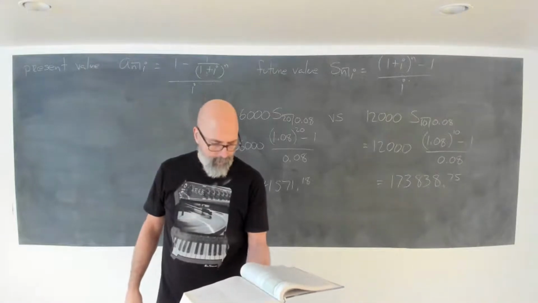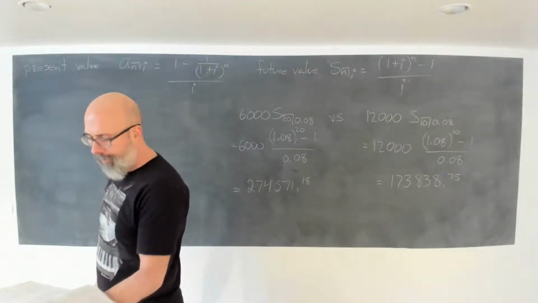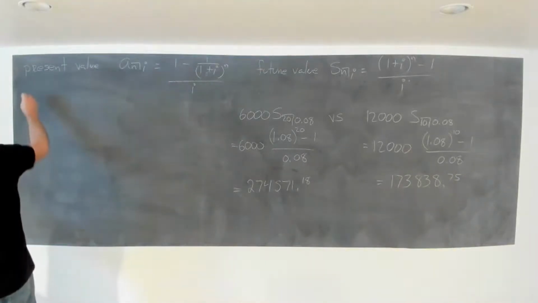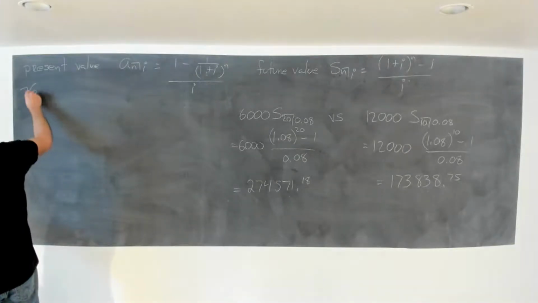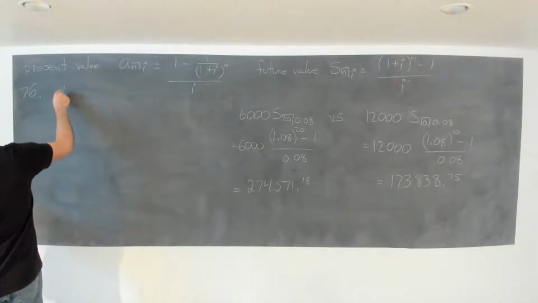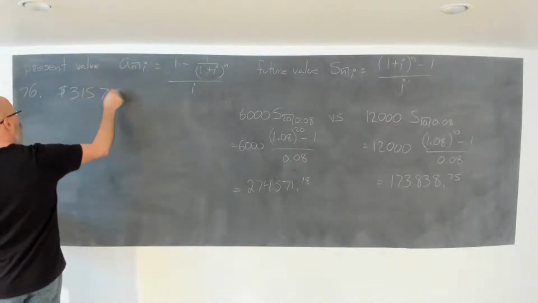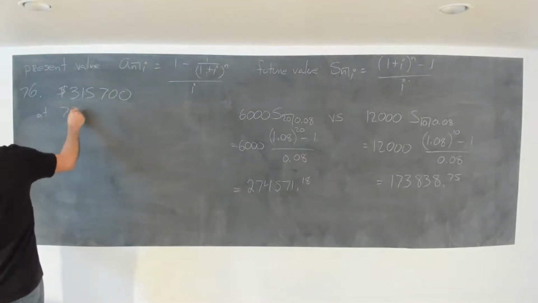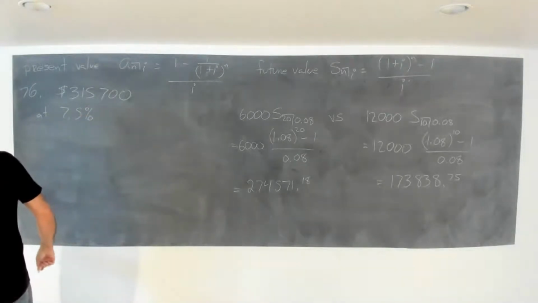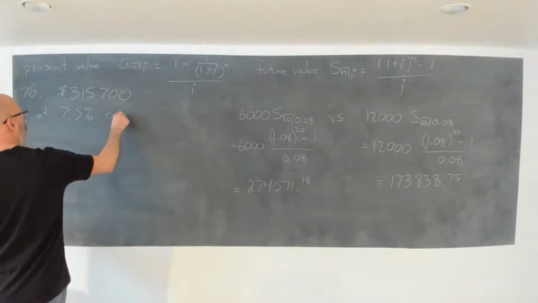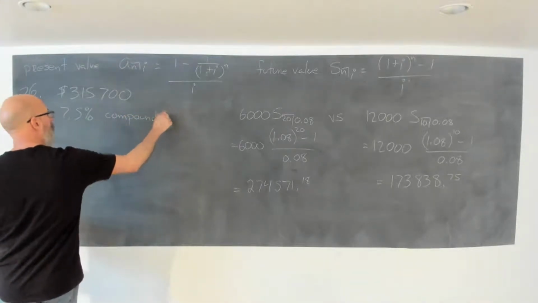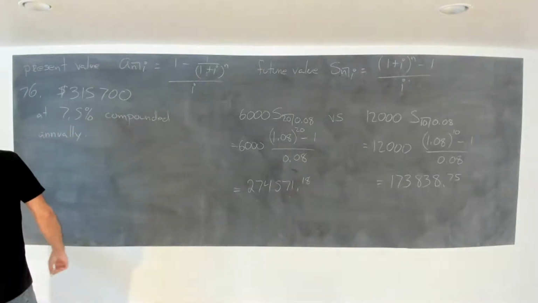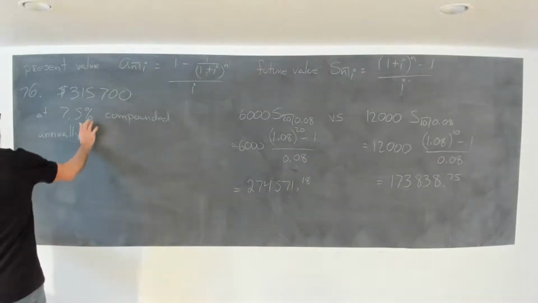Questions? Consider this. When the Lee family bought their home, they borrowed $315,700 at 7.5% compounded annually for 25 years.